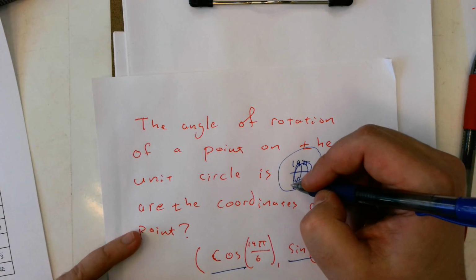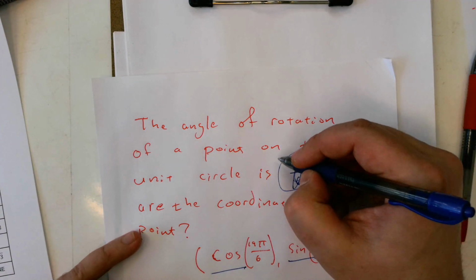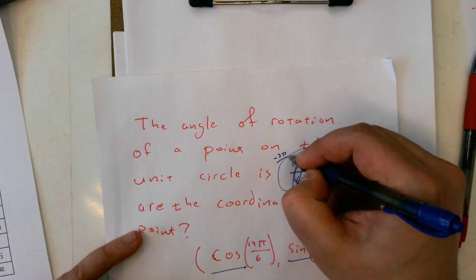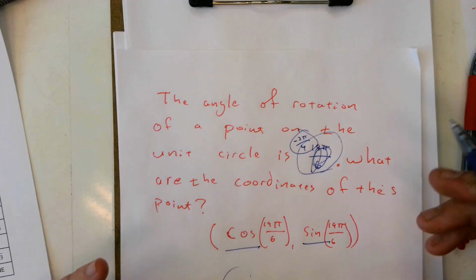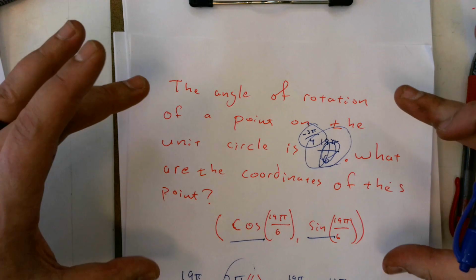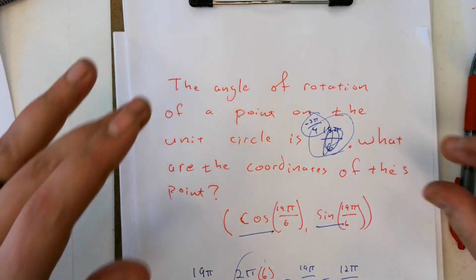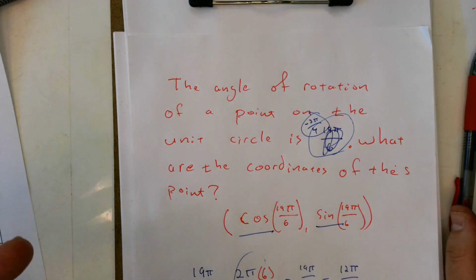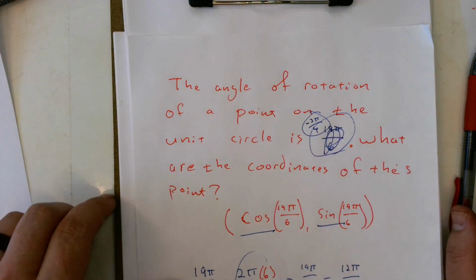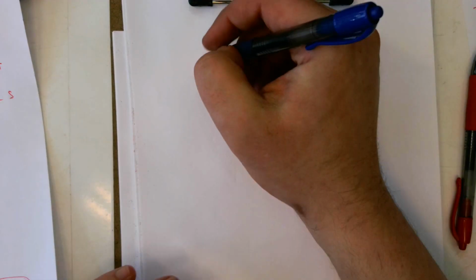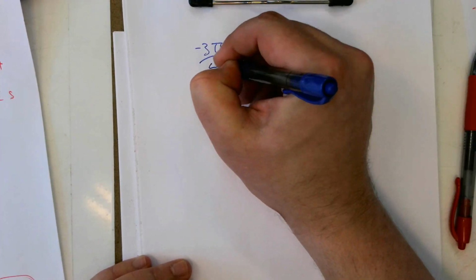How about negative 3 pi over 4? Everything about what you see on the test, the first question on the test will be like this question. Now my angle of rotation is negative 3 pi over 4. Well, that's much too low.